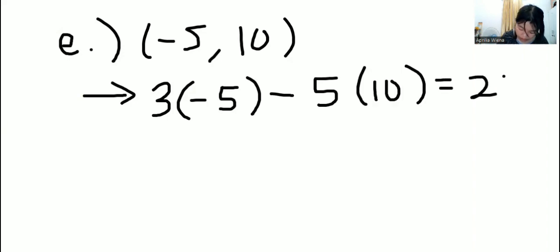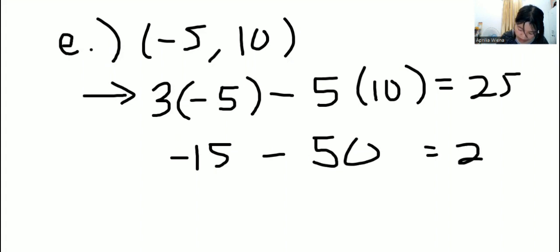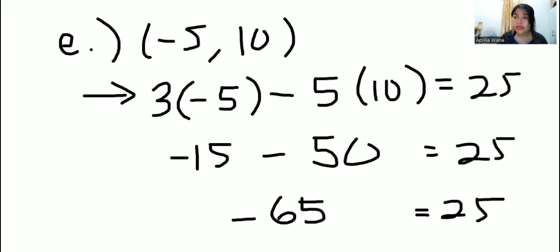So we have minus 15 minus 50 equals 25. So this is minus 65 and then equal 25. So the E is also not true, this point does not lie on the line from the equation. So we also mark this as no.